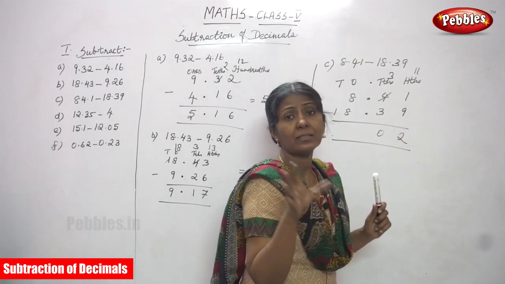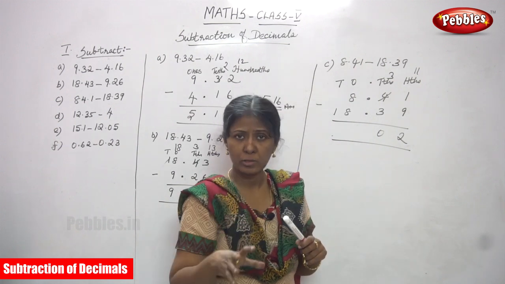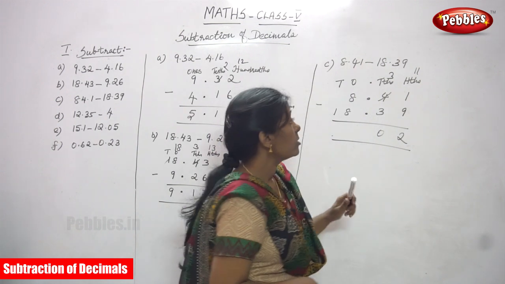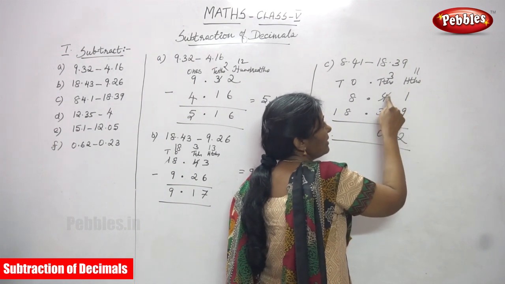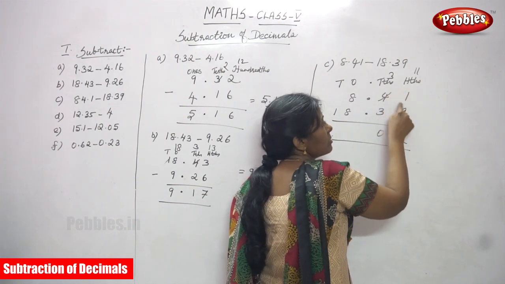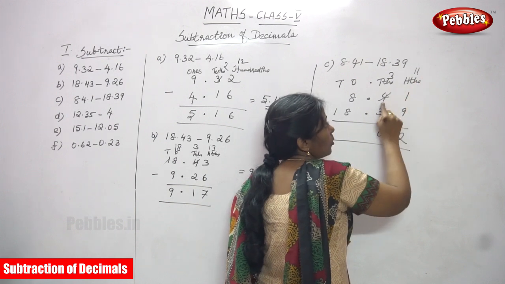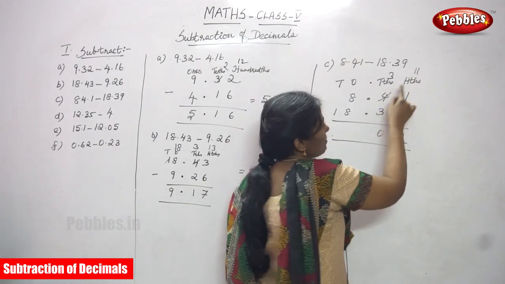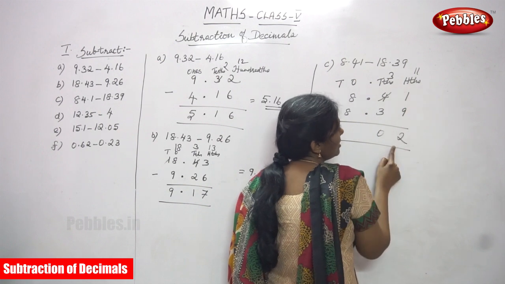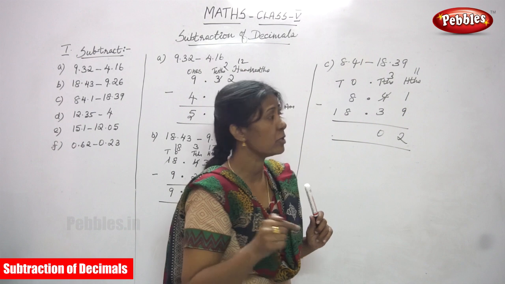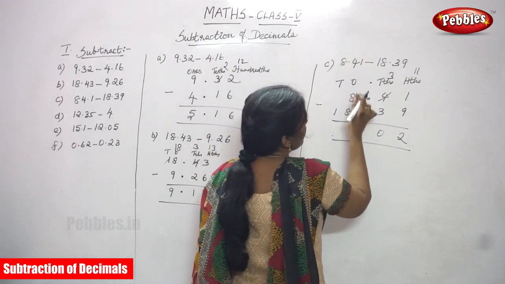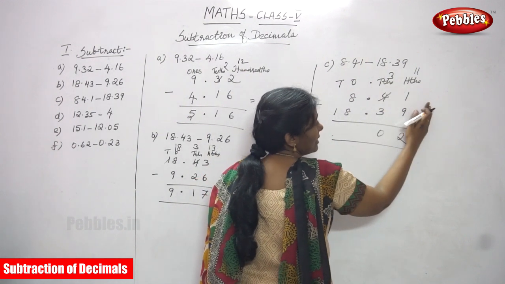After you write the numbers according to the place value, you start subtraction. 1 minus 9 you can't subtract, so you borrow from the tenths place. So this 1 becomes 11. 11 minus 9 you get 2. So this 4 becomes 3. 3 minus 3 you get 0.